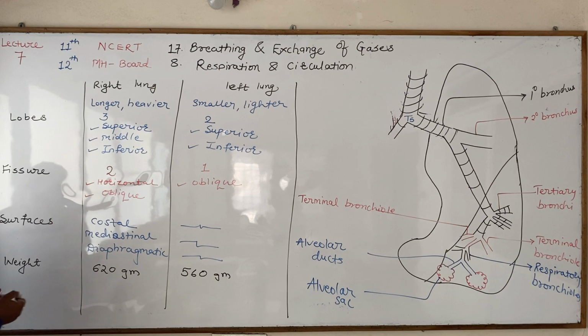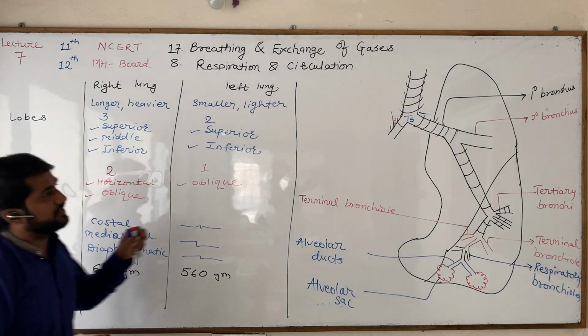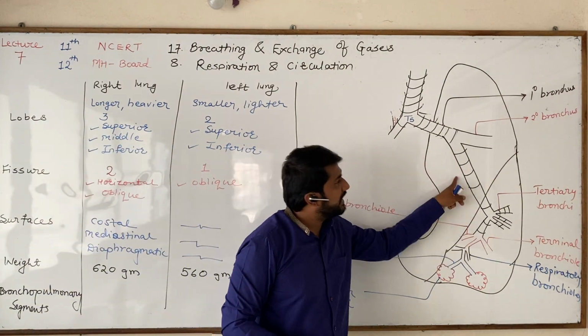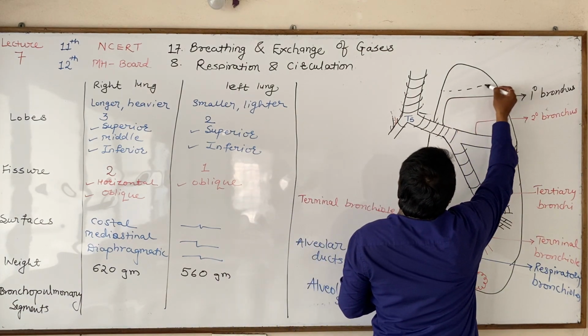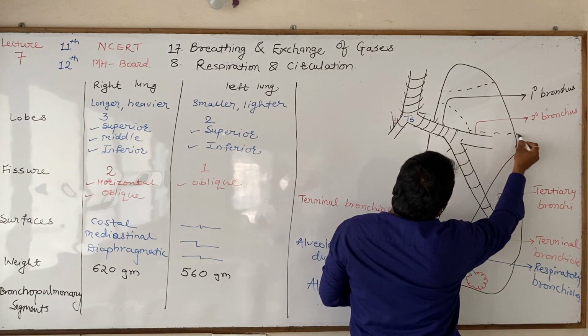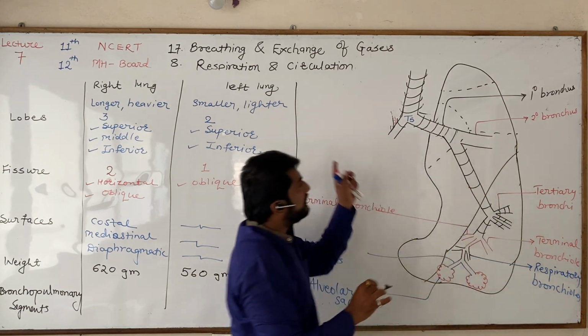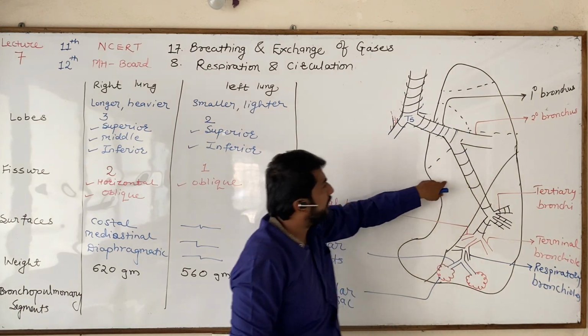Bronchopulmonary segments. What do you mean by segments? I already mentioned that the lobes are further divided into segments. So what are segments? They are small parts, small regions. Like this, in a lung, this is segment 1, 2, 3, 4, 5.